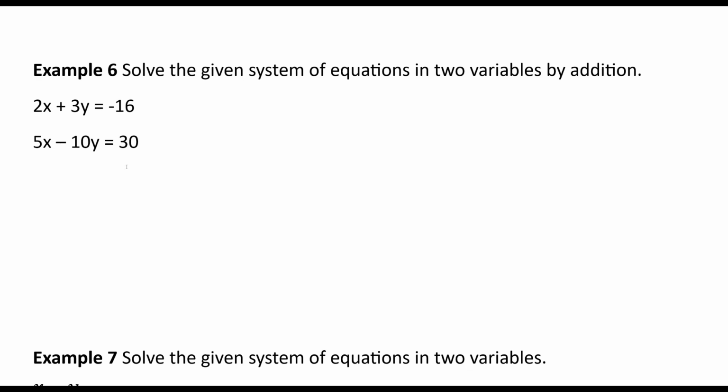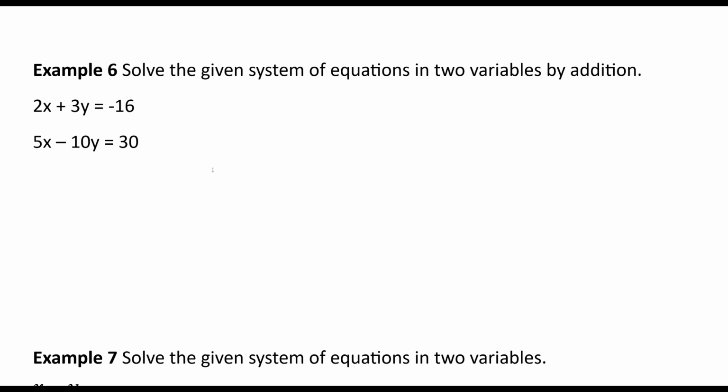Example 6. Solve the given system of equations in two variables by addition. Okay, so this one, we're going to have to do a little bit of work. We can get rid of the x or the y, but in either one, we're going to have to multiply both equations by something. I'm just going to get rid of the x.